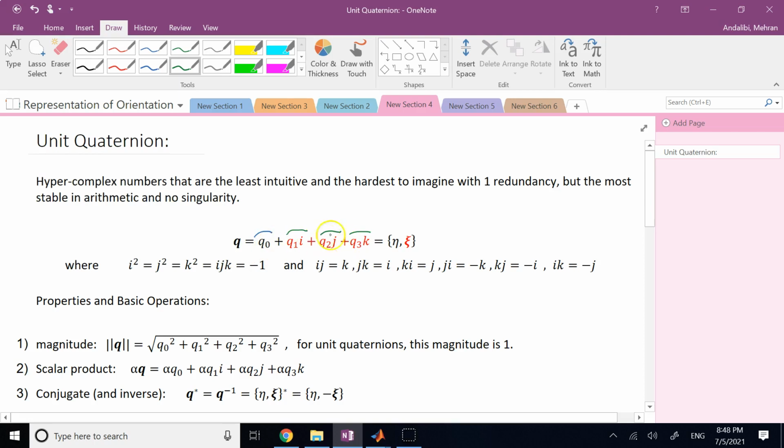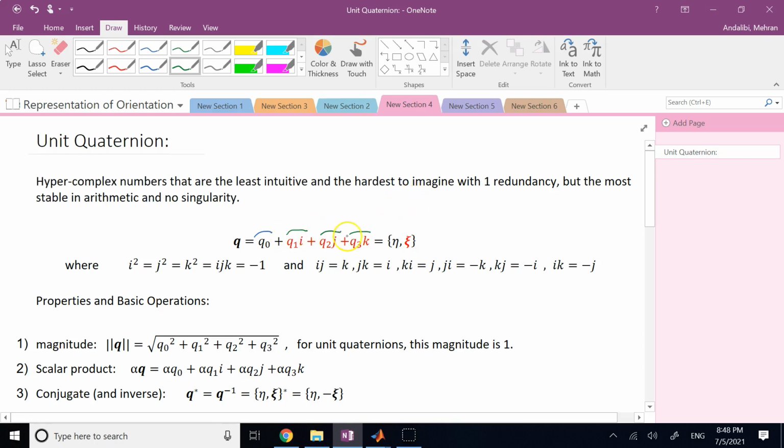So they are like complex numbers, but instead of two axes, they have four axes. And since we cannot really imagine anything beyond 3D, for this 4D vector there is nothing that we can physically use to imagine them, okay? And that makes this method hard to digest for some people.